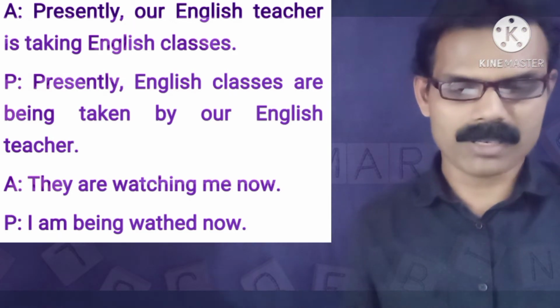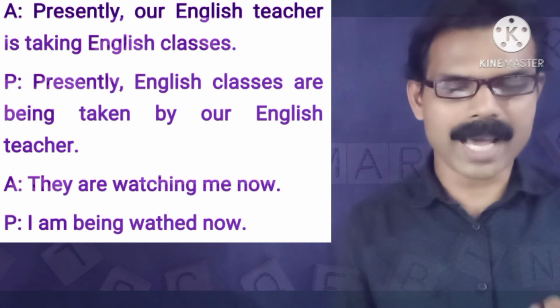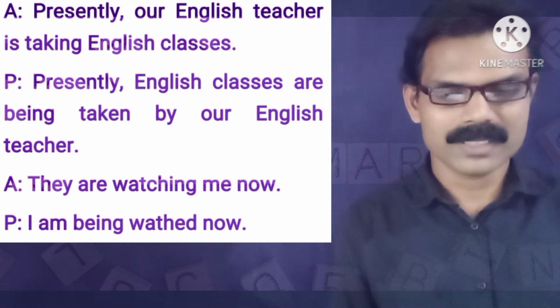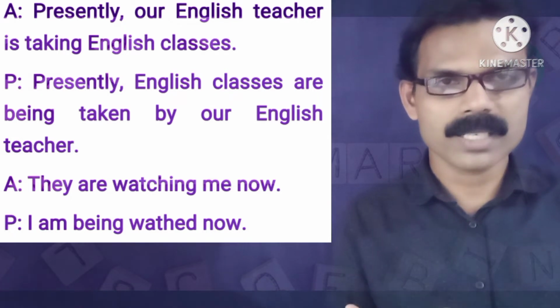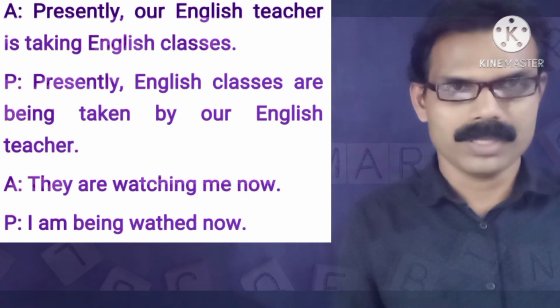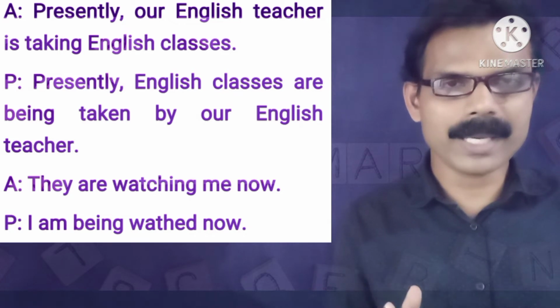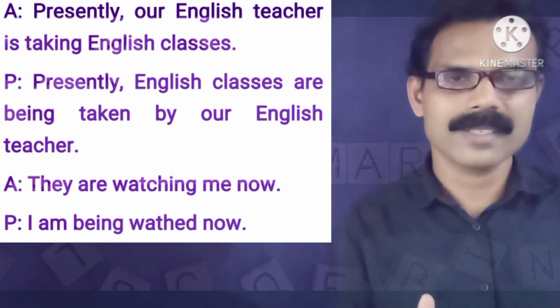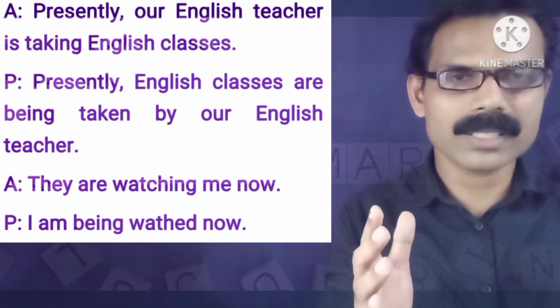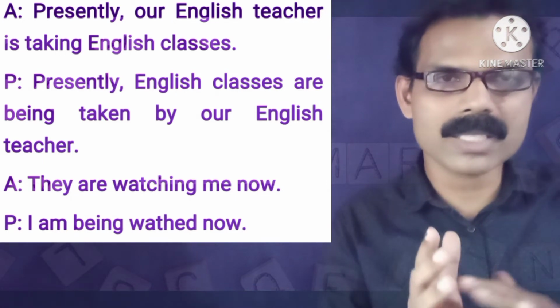One more example. They are watching me now. Active. Passive. I am being watched now. So in every continuous passive voice sentences, there will be being to show that the action is going on.